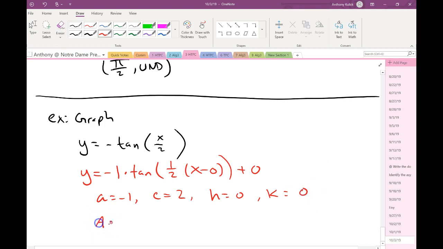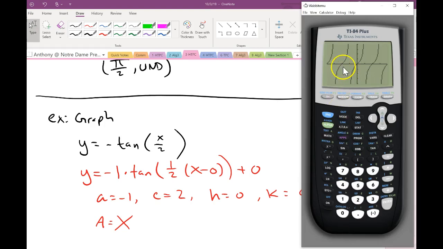So from this, I could list my amplitude. What's my amplitude going to be? That's a trick question. Tangent graphs have no amplitude. Why not? Well, the amplitude is the distance from the extrema to the midline. That distance would be infinite, right?